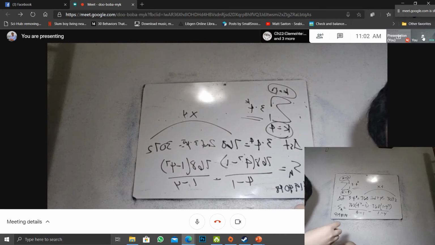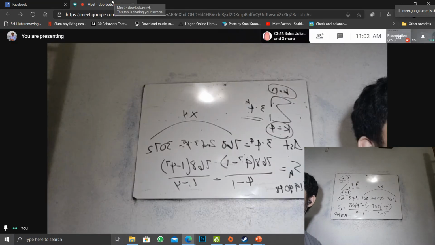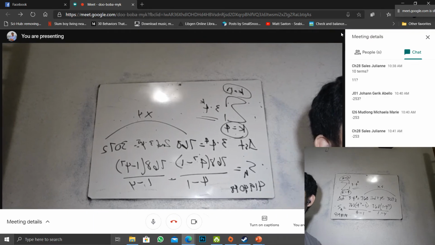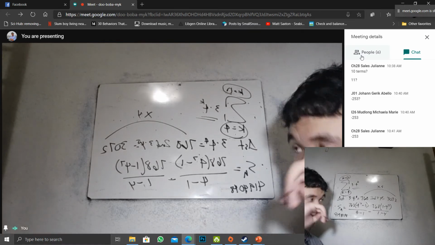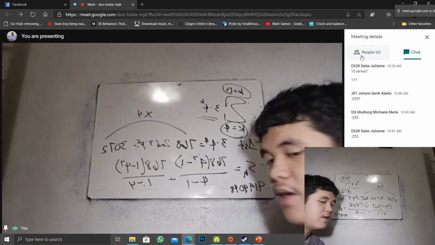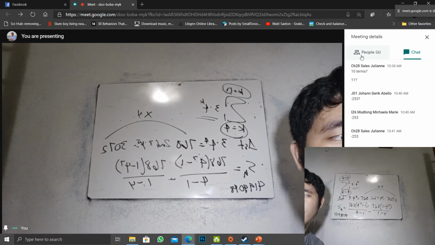Nakuha ba? Okay, after getting the first and second term, nawala ka. Okay, sige, game. Isa pa. Hinahanap ko lang kasi kung ano yung common ratio, di ba?